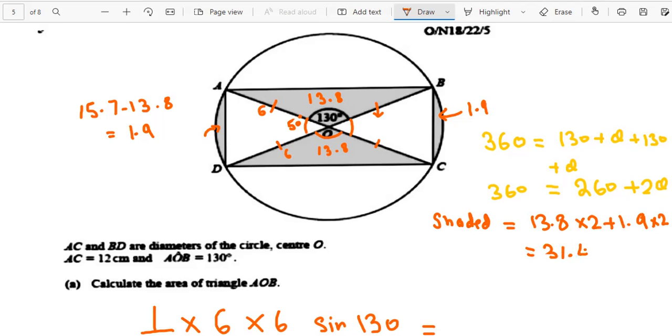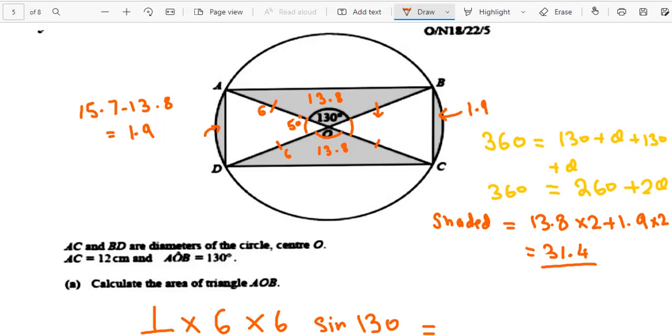Very good. Turhan, can you tell me the percentage now? If this is the shaded region, can you find the area of this entire circle and find the percentage, please? I'm waiting for an answer from you.